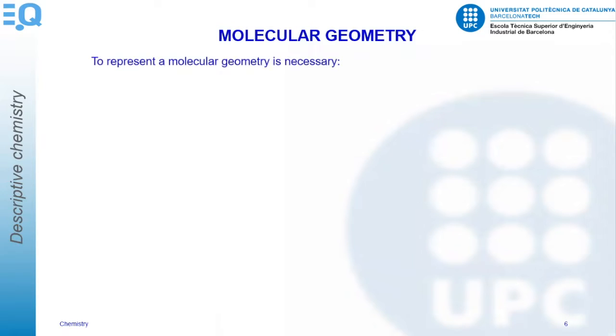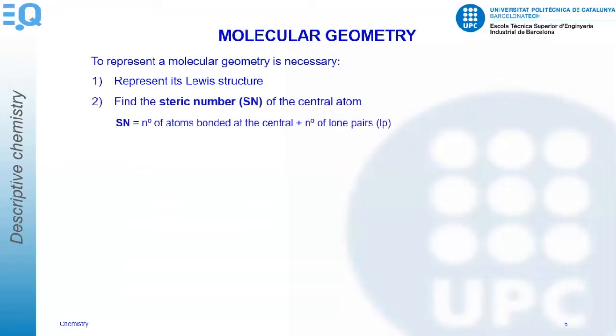Once we have the theory, we can move to how to represent a molecular geometry. First, we have to draw its Lewis structure. The second step is to find the steric number of the central atom, which is the sum of the number of atoms bonded to the central one plus the number of lone pairs.